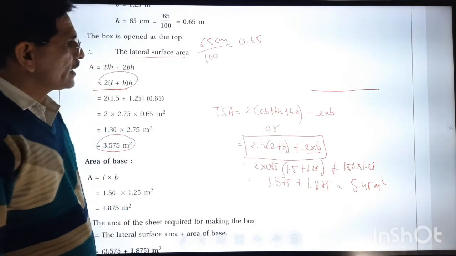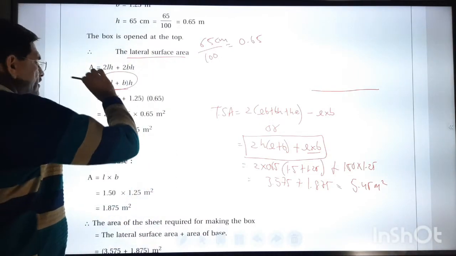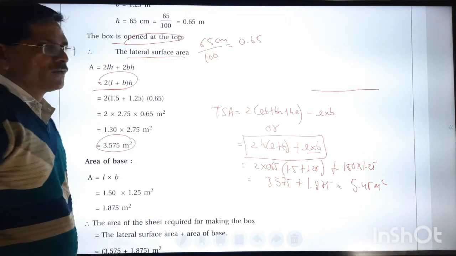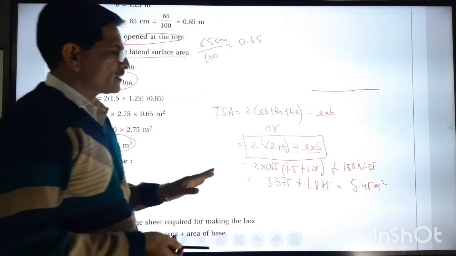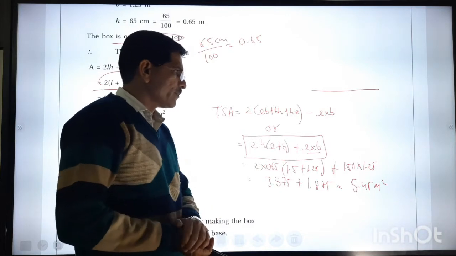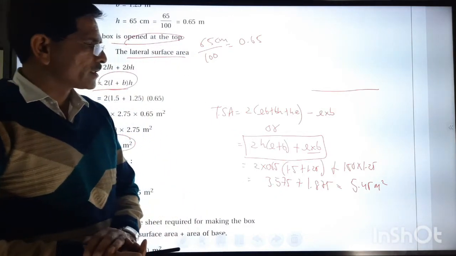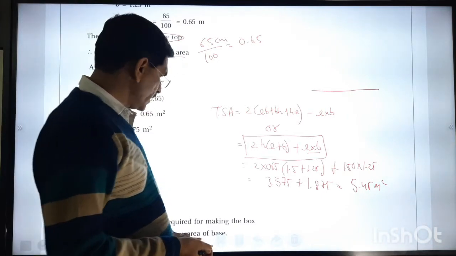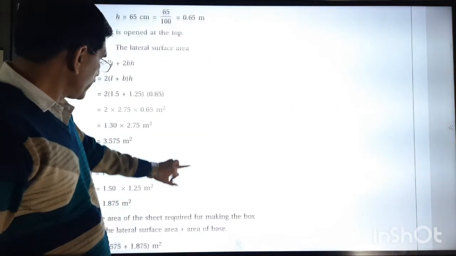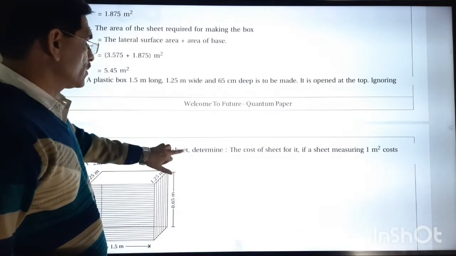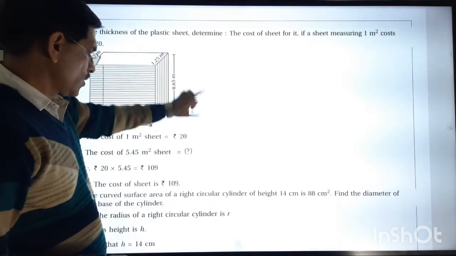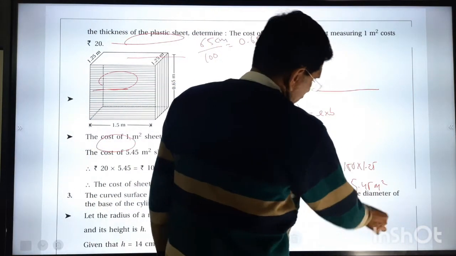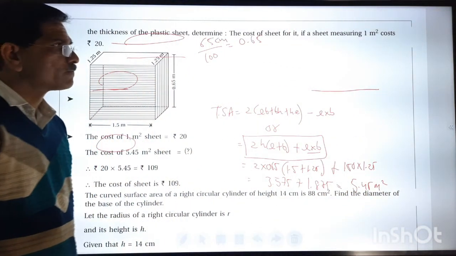So that is the area for making a plastic box which is open from the top. Now the costing, in the next sum, if you see properly, the costing is also there. What is the cost? If you see properly, 5.45 meter square is the total area.